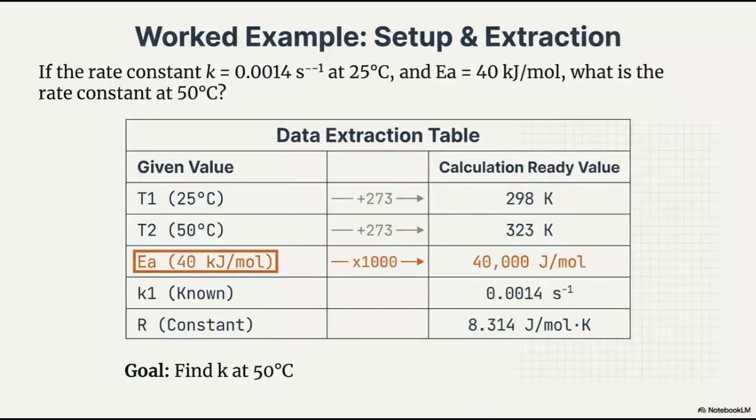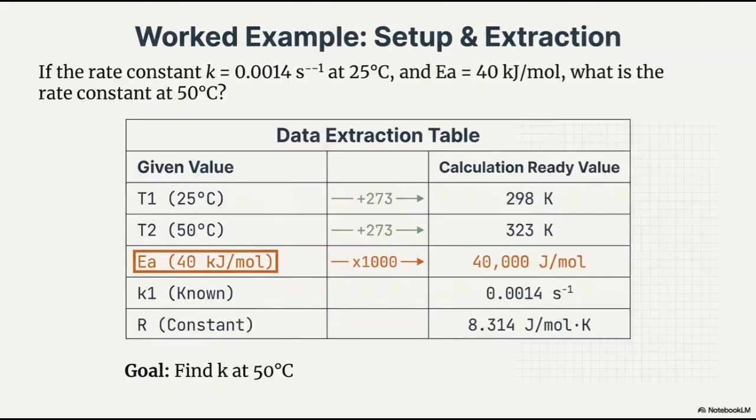So it says, if the rate constant K is 0.0014 at 25 degrees Celsius, and the activation energy is 40 kilojoules per mole, what is the rate constant at 50 degrees Celsius? So I'm giving you T1, so I had to convert that to kelvins by adding 273. The same with T2.